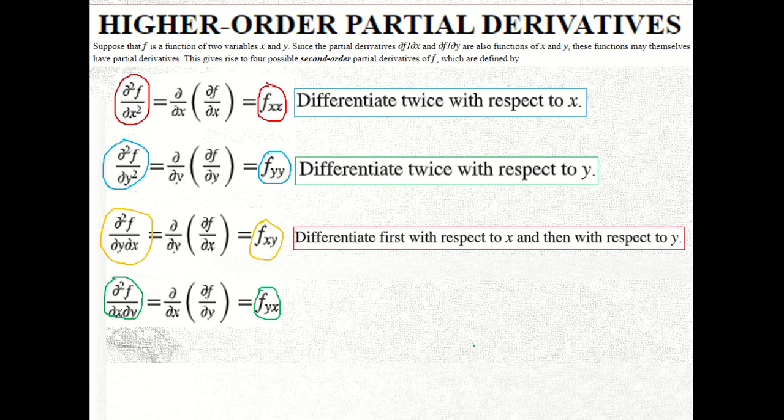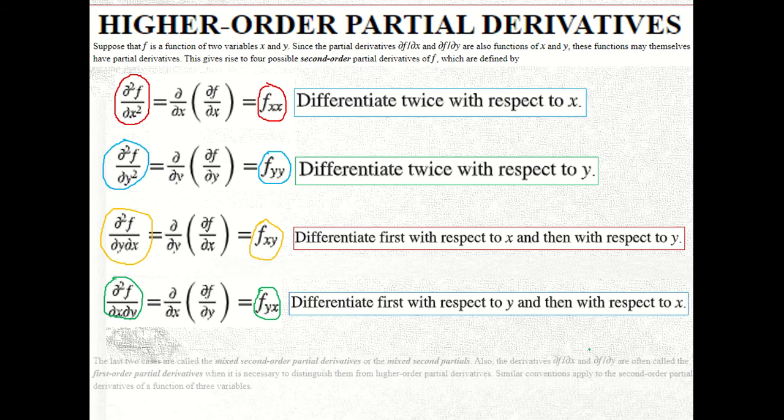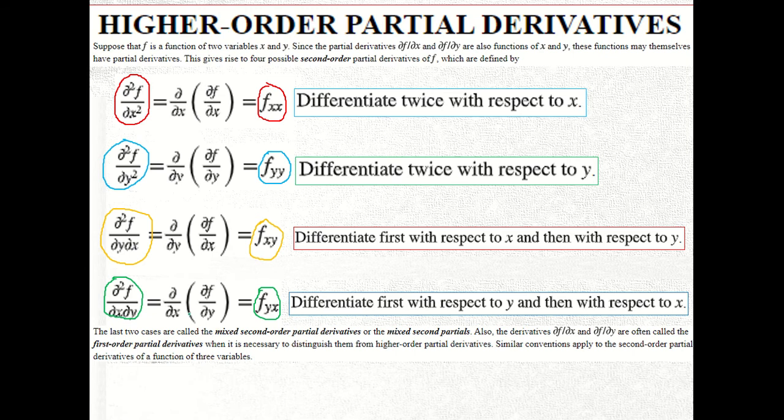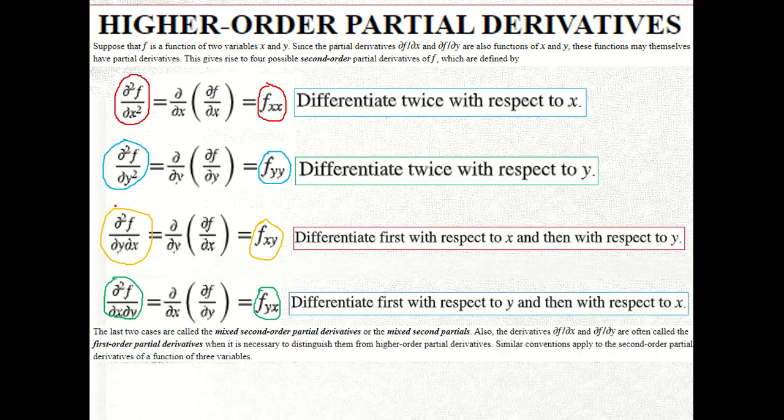So take note that here we differentiate first with respect to y. The inner part here indicates that you differentiate partially with respect to the variable y, and then after that with respect to x.